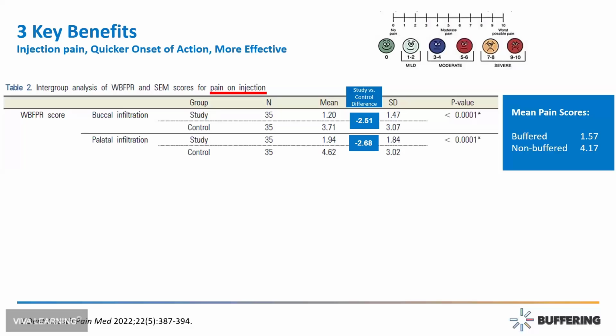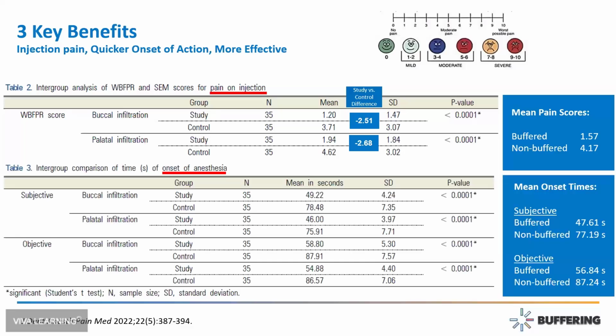Going on to the onset of anesthesia in the study, it's a little less eye-opening. You could see that onset was certainly decreased when buffered was used. From the subjective time to anesthesia, 77 seconds to 47 seconds, and then objectively 87 to 56.